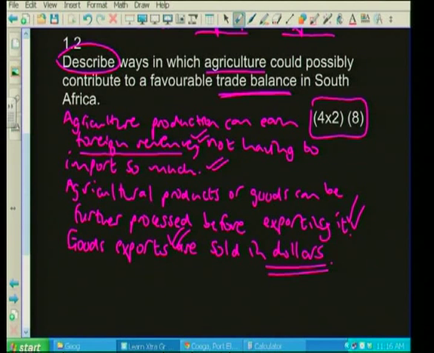Remember, we're answering that question about balance of trade in this question for 8 marks. You need to say 4 different things that you've explained fully and you've written out as a nice sentence, and you're earning the double marks per point, and then you're going to get 8 marks for question 1.2.